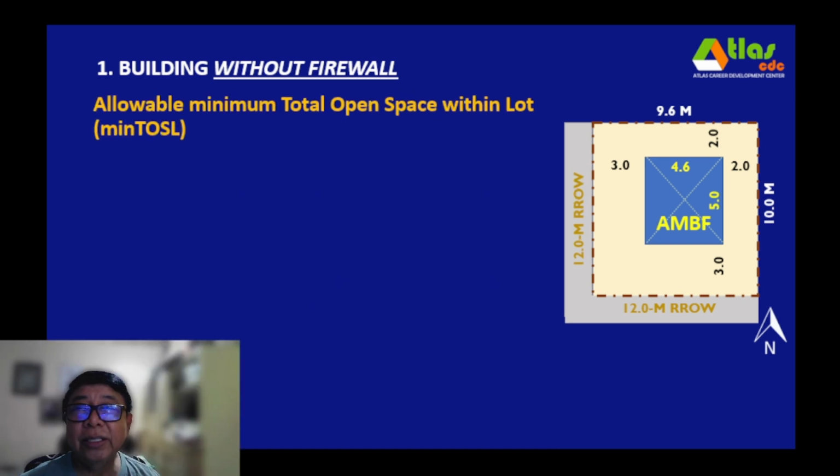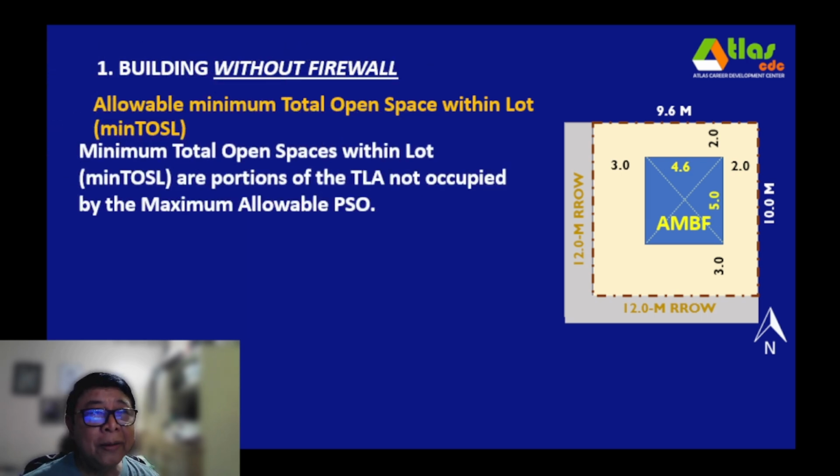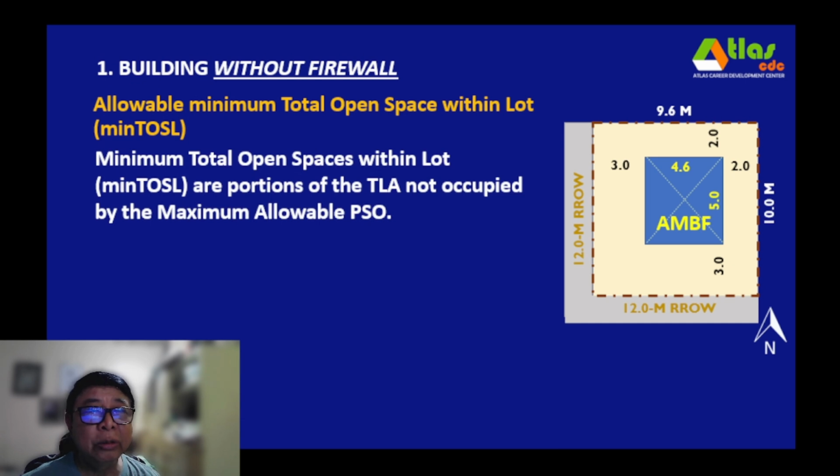So let us start with the allowable minimum total open space within lot if the building will have no firewall. So according to the revised IRR, the minimum total open space within lot, or the minimum TOSL, are the portions of the lot, or the TLA, that is not occupied by the maximum allowable PSO. So which means that if we are going to deduct from the TLA our value of the maximum PSO or the AMBF that we have derived earlier, then that will be our minimum total open space.